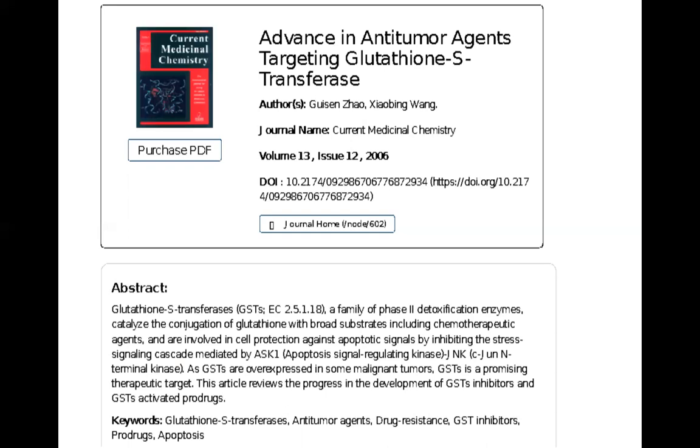Whenever the GST is inhibited, the chemotherapeutic drug can be used to treat cancer patients successfully, because the GST is inhibited and cannot excrete any chemotherapeutic drugs outside our body. So it means that the chemotherapeutic drugs can give a maximum benefit to our body.